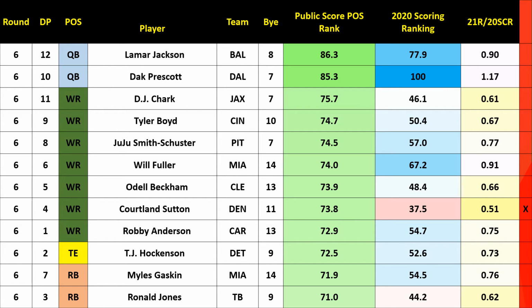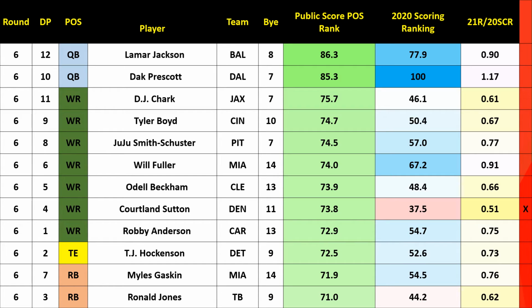So who are we talking? Chark Boy, Juju, Fuller, Beckham, Courtland Sutton, Anderson. Fuller is the best of that bunch as far as scoring last year, Miami. You may be able to pick him. I have picked him up a little bit. Everybody else is near the same.